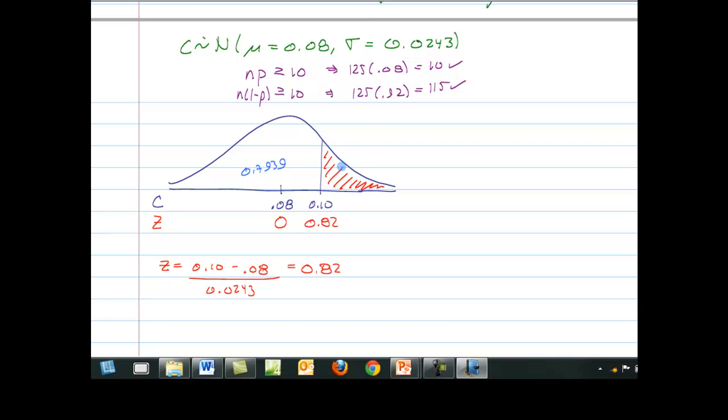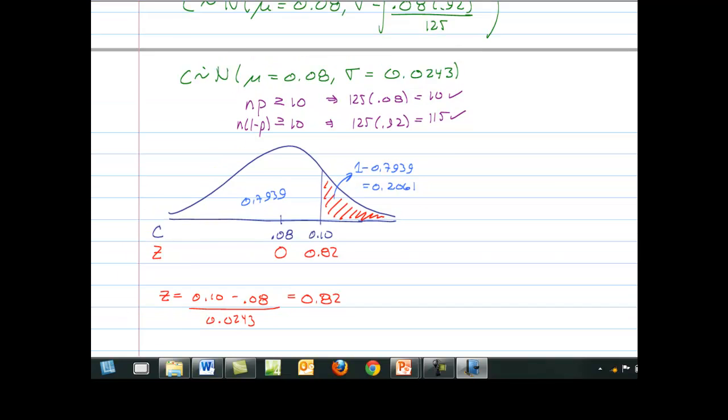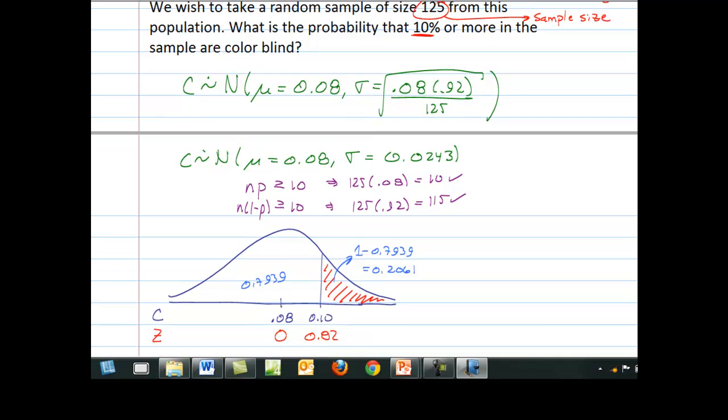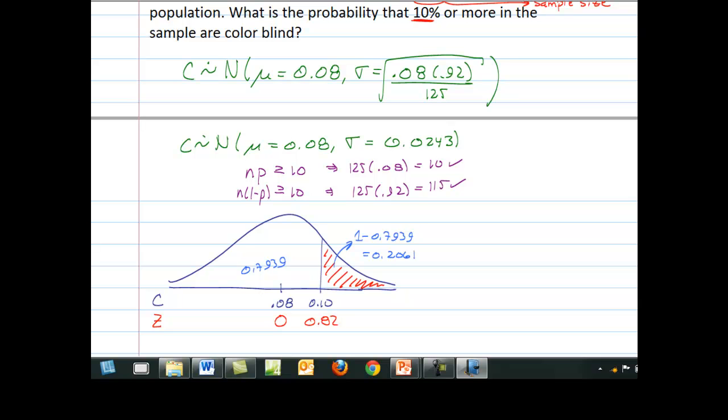And then if we take 1 minus 0.7939, because I'm trying to find the area to the right, I end up with 0.2061. So about 21%, or 20.61%. If we scoot back up to look at the question, what is the probability that 10% or more in the sample are colorblind? It looks like it's about 21%.